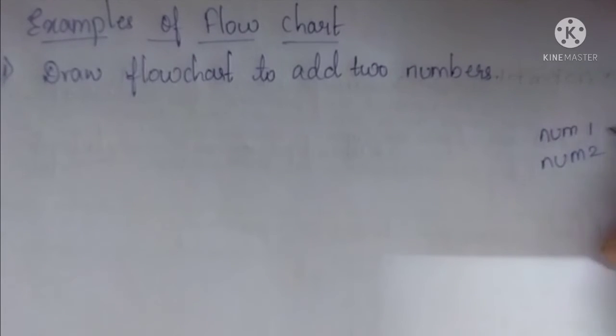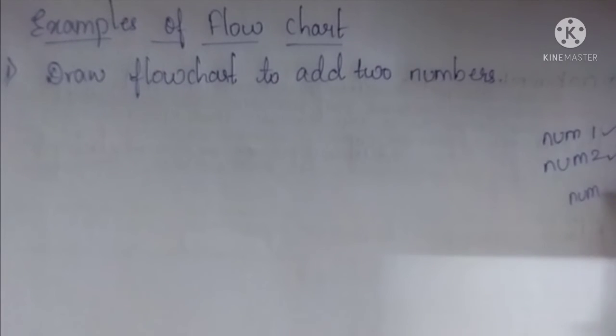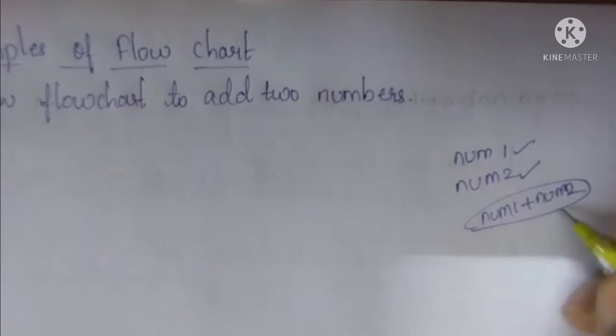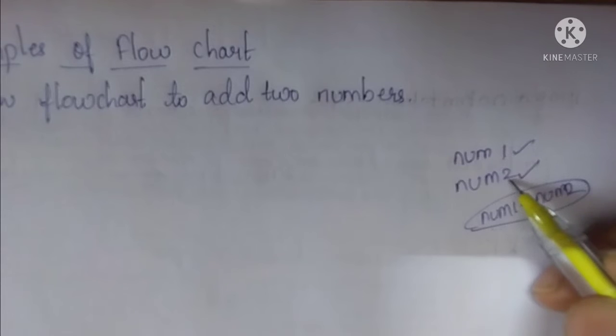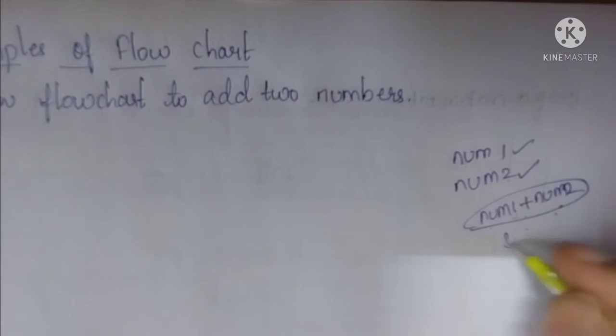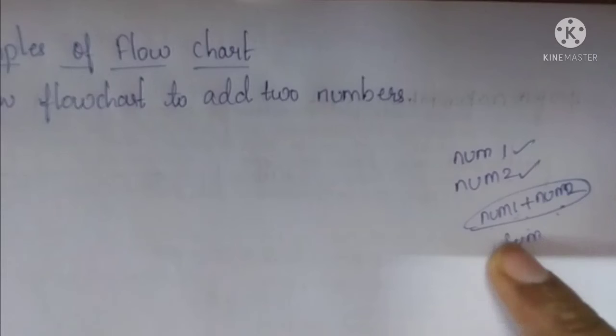To perform this addition, you have to do num1 plus num2. So this is the process of addition. Both number 1 and number 2 you have to add together and write that result in the sum. So for this we will write the flowchart.